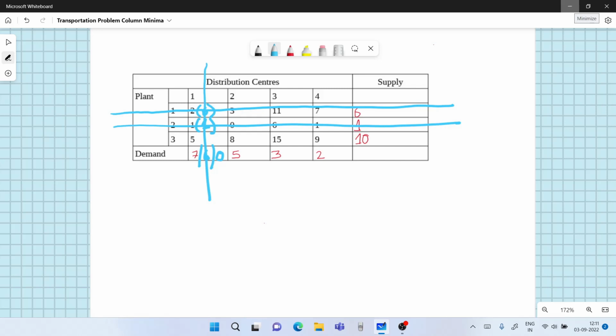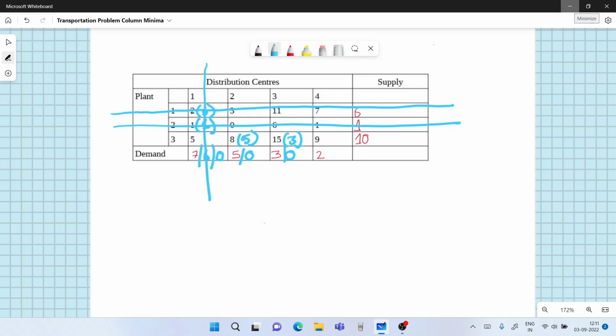From plant number 3, we give 5 million liters to distribution center number 2. So the demand from distribution center number 2 is met. Then we supply 3 million liters to distribution center number 3. The demand of distribution center number 3 is also met.